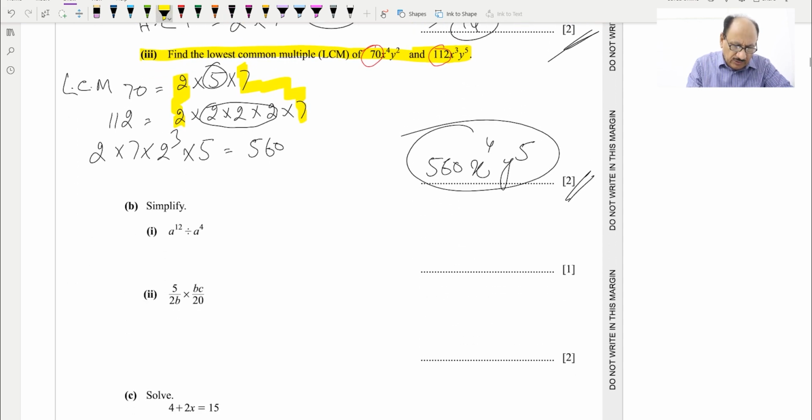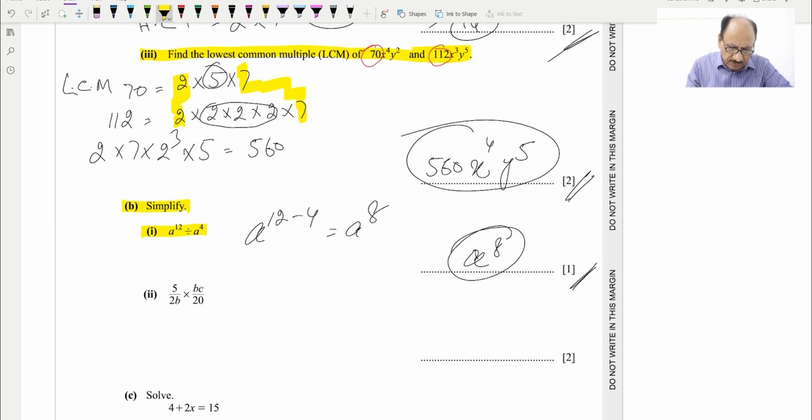Next they are saying simplify, and we need to simplify this. So we can write a raised to 12 divided by a raised to 4, so we subtract the powers, and this will be equal to a raised to 8. So a raised to the power 8 will be the answer for 1 mark.